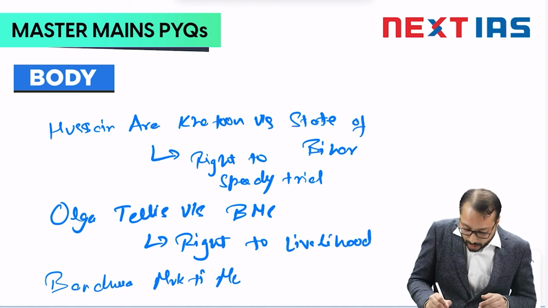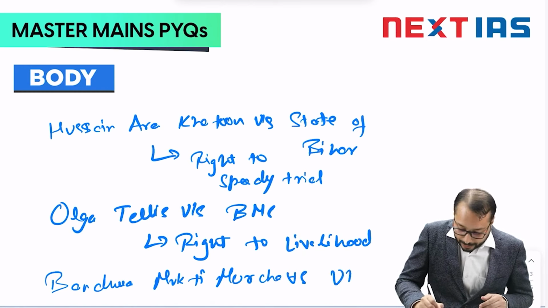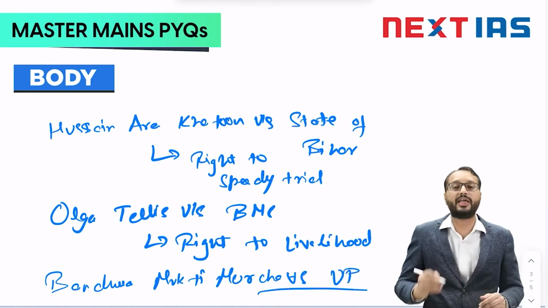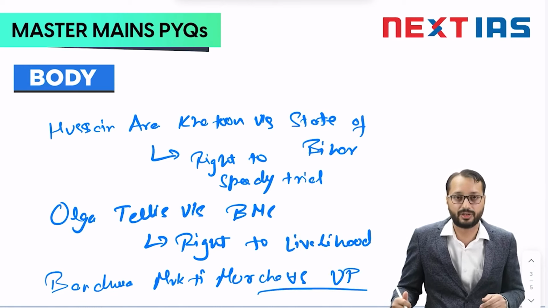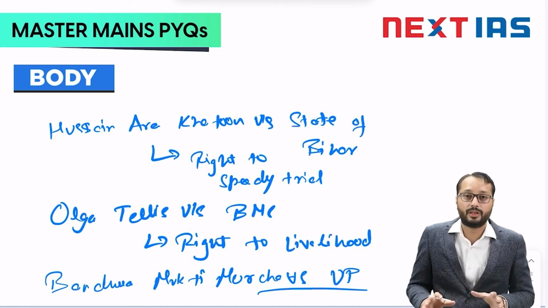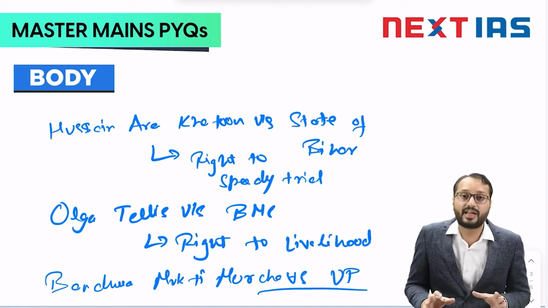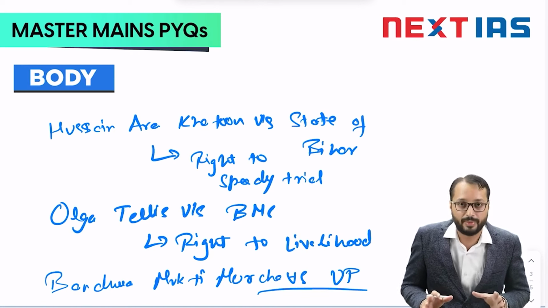Bandhwa Mukti Morcha versus State of UP. This was again a case of children being employed in the carpet industry. In this judgment, the court characterized Article 21 as a source of various important fundamental rights.